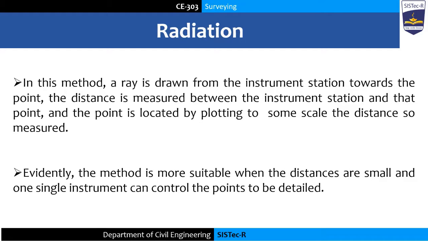Evidently, the method is more suitable when the distances are small and one single instrument can control the points to be dated. So basically in this method, we will draw lines to different points from a single station point. How we will do the surveying in this method, we will see in a later slide.